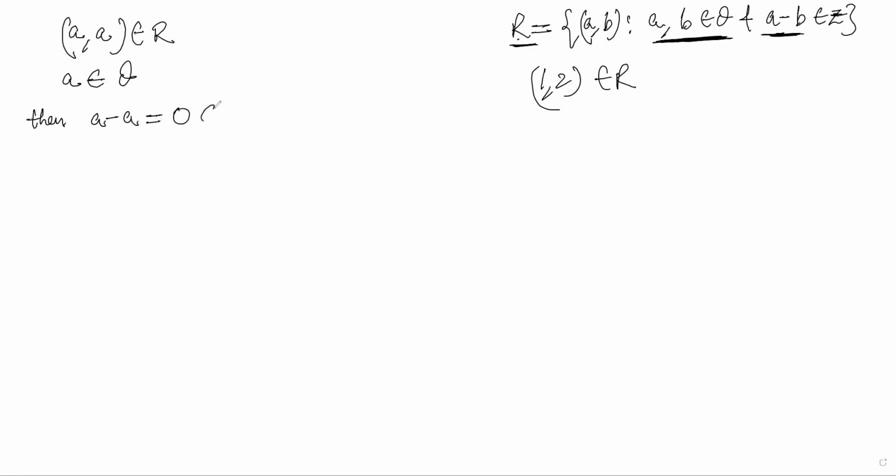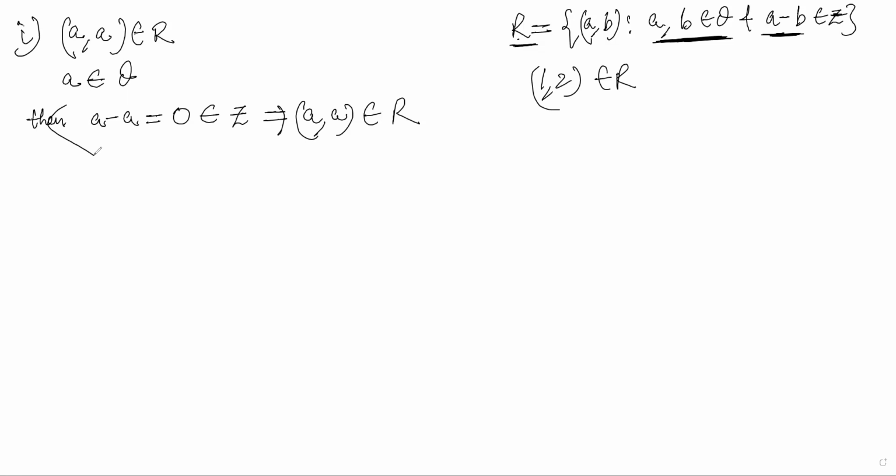And does 0 belong to the integers? Yes. That means that your (a, a) belongs to the relation. Any pair which has both values as rational numbers, and the difference of these rational numbers is an integer, belongs to your relation.